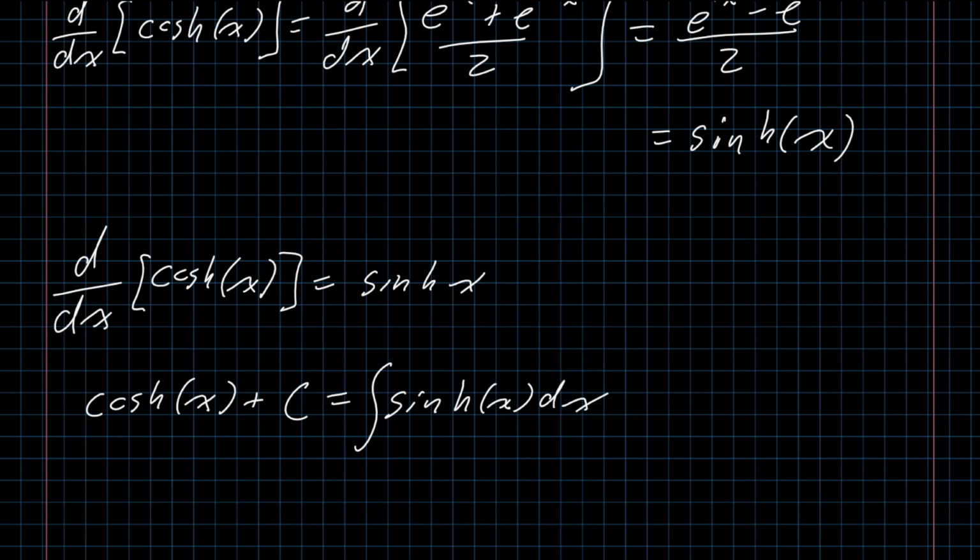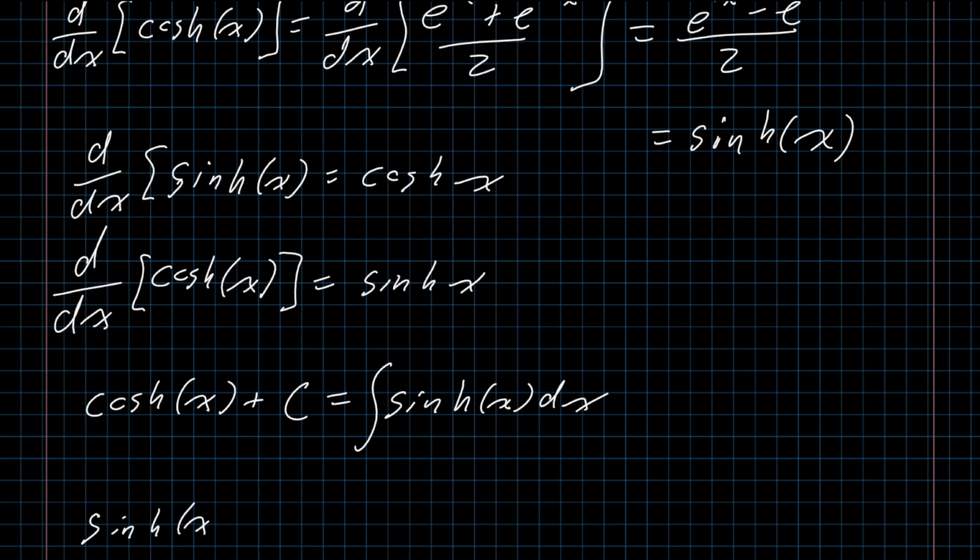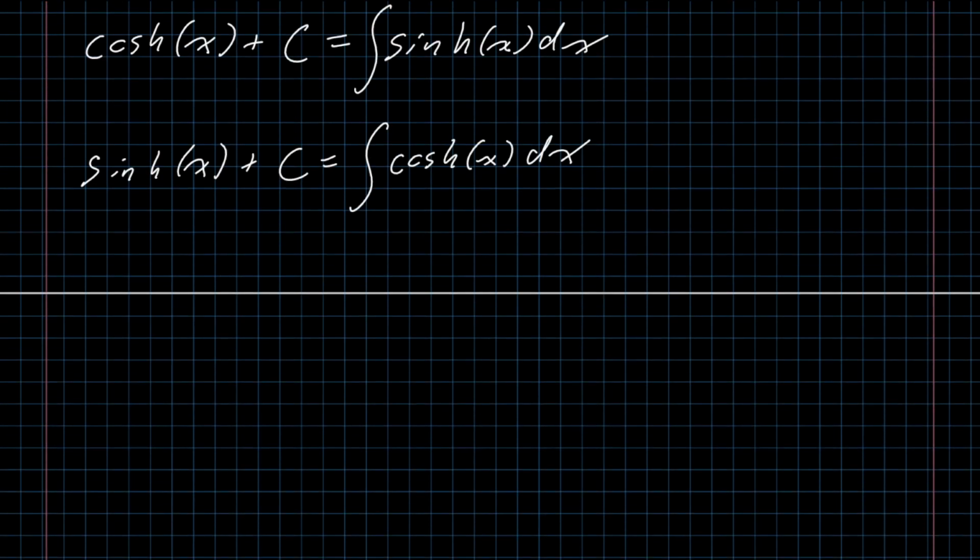And likewise, the derivative of sinh is cosh, then we get that sinh plus some constant of integration has to be equal to the integral of cosh of x. So very straightforward. We're familiar with how this works in the normal trigonometric functions. The hyperbolic trigonometric functions are going to be much the same.